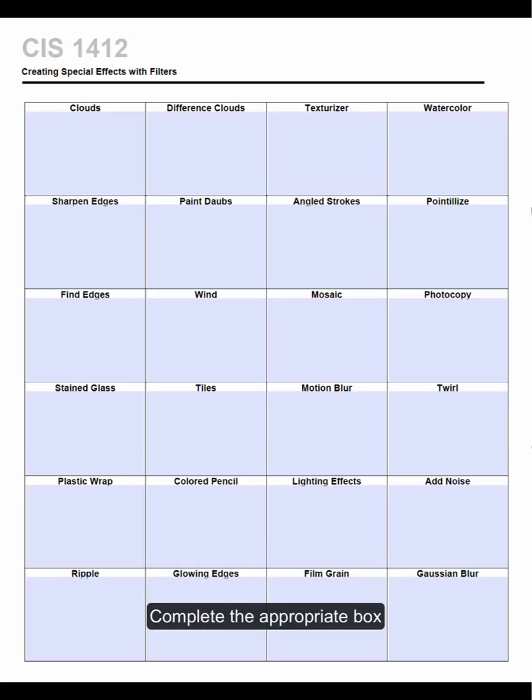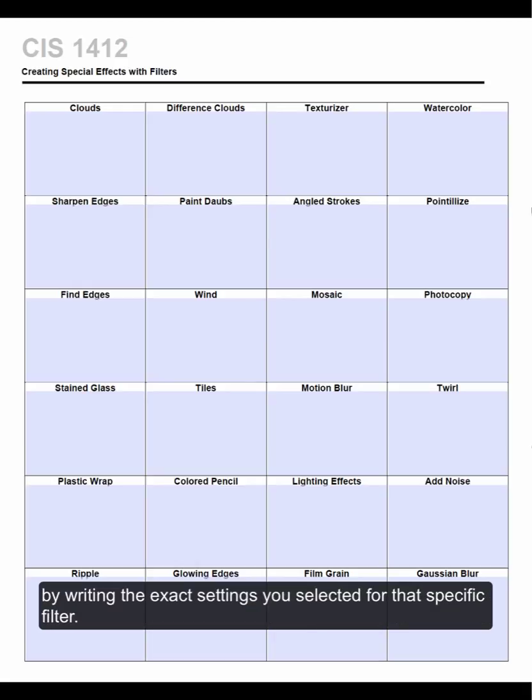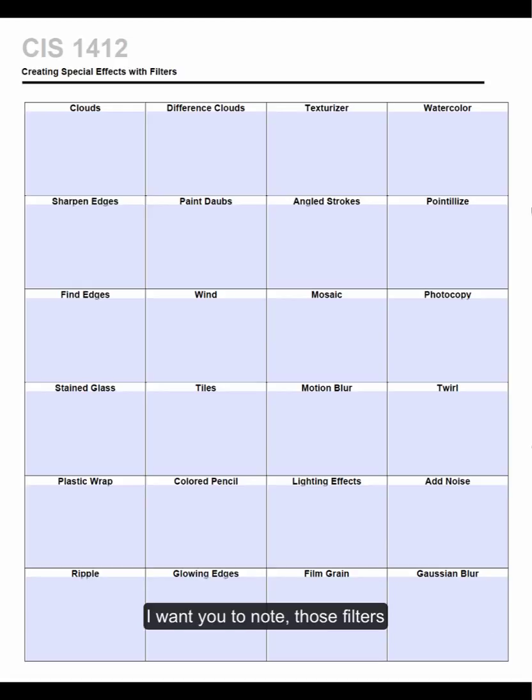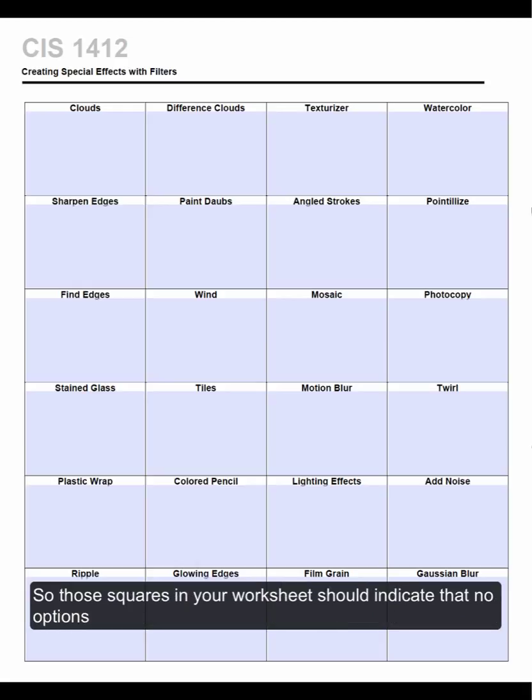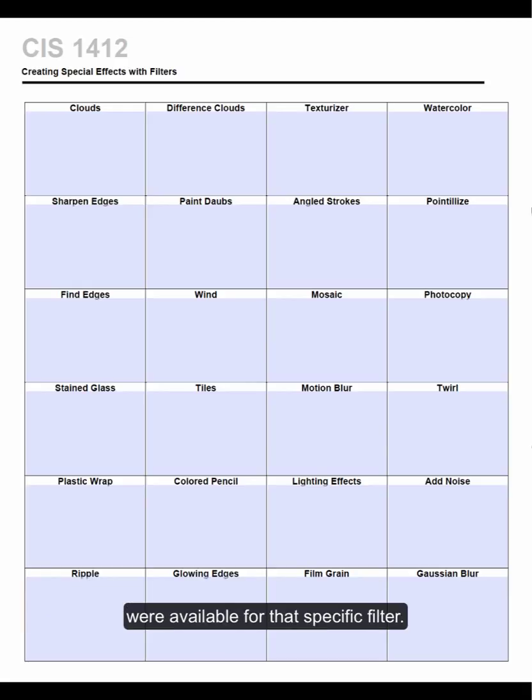Complete the appropriate box in the grid on the filter quilt worksheet by writing the exact settings you selected for that specific filter. Note those filters without the ellipsis after the name, the ... Those will not have a dialog box to enter settings. So those squares in your worksheet should indicate that no options were available for that specific filter.